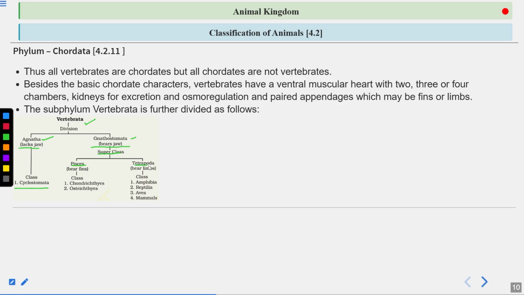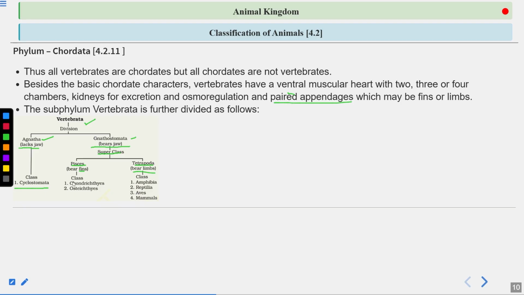And Tetrapoda means the organisms that bear limbs. Just now we have discussed the paired appendages. So think about the fishes. They have fins. So these fins are the paired appendages in the case of fishes, right?